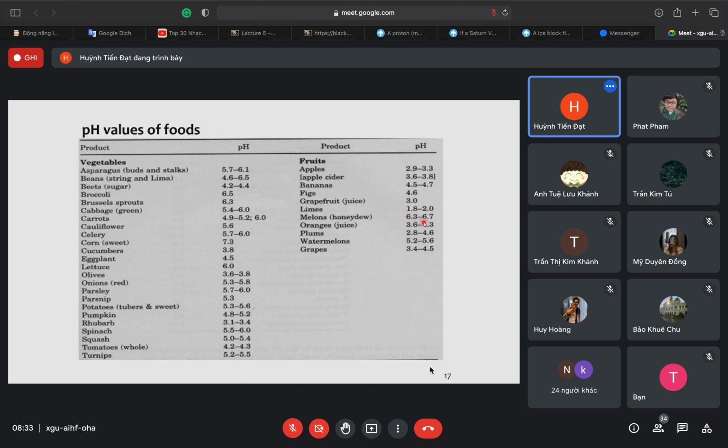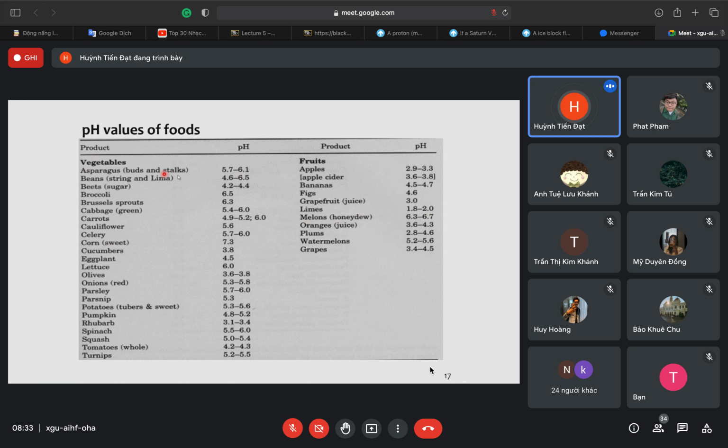There was a case in Australia where the rock melon was subject to Salmonella contamination and caused a foodborne outbreak from consumption of the melons. That's the pH here.